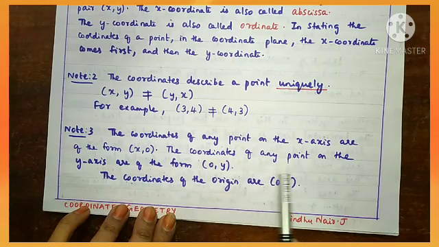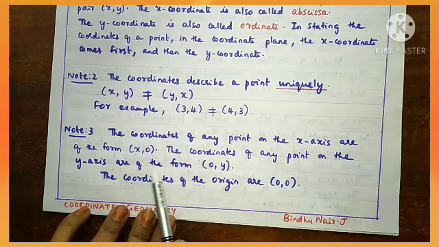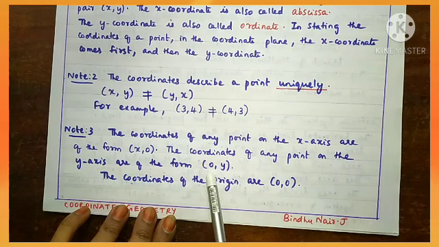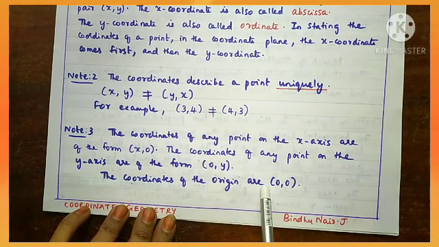The coordinates of any point on the y-axis are of the form (0, y). Similarly, on the y-axis there will be no x value, so the x coordinate is always 0. And the coordinates of the origin? They are (0, 0). At the intersection point, x is 0 and y is 0.